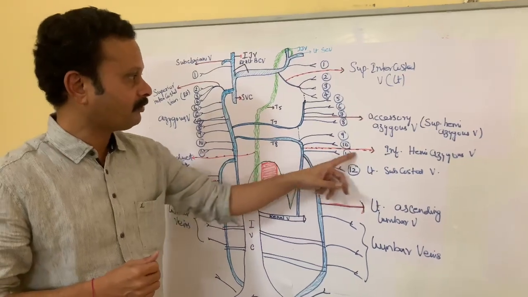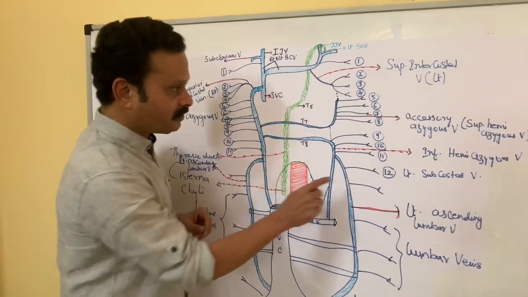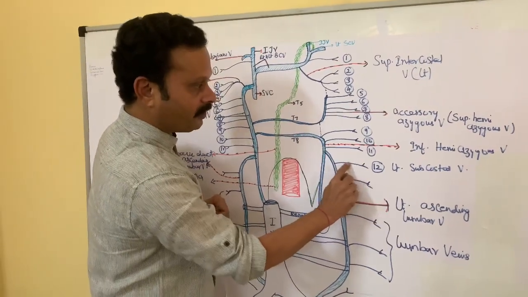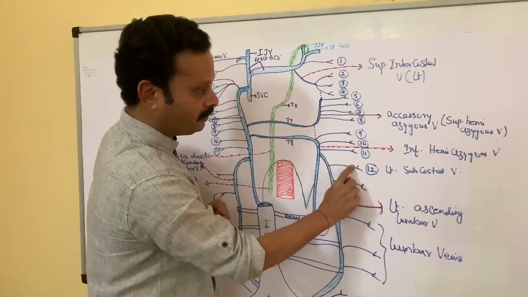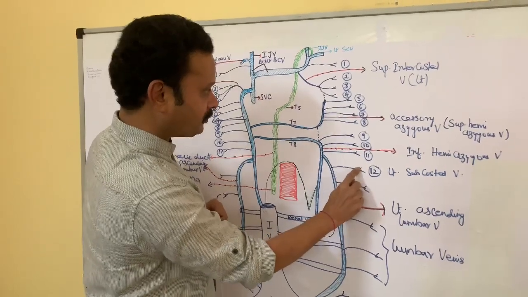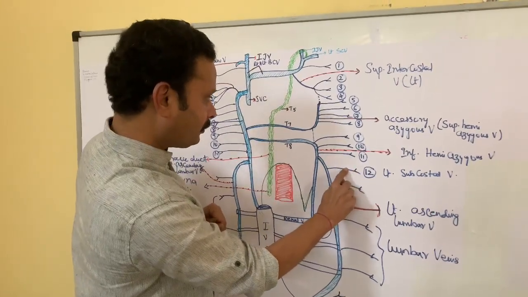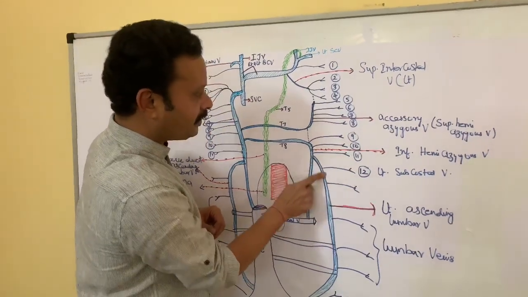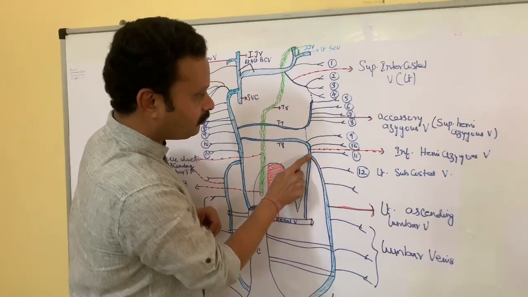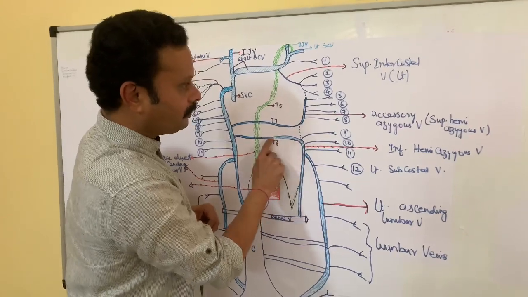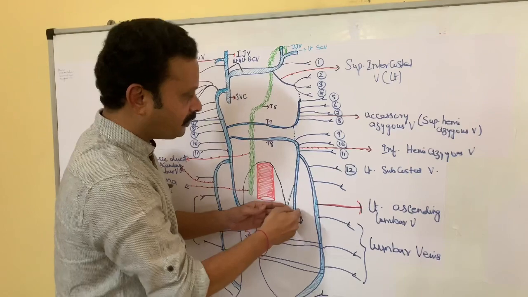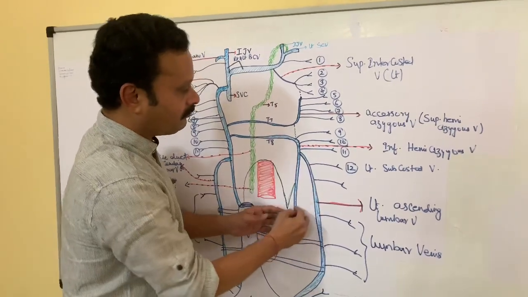This is the inferior hemiazygous vein, which is formed by the union of the left subcostal vein, that is the 12th intercostal vein, joining with the left ascending lumbar vein. It receives a communicating branch from the left renal vein.